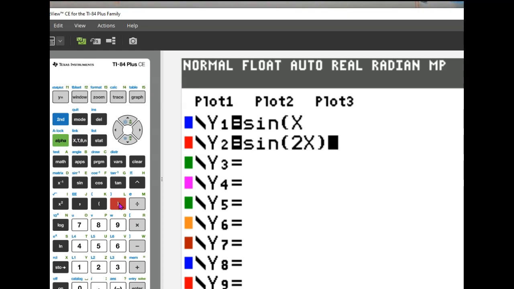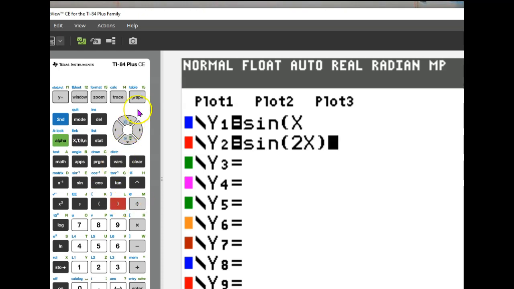The 2 is in parentheses. What happens when things are in parentheses with x? Same math or opposite math? Opposite math. So instead of being 2 times x, it should be opposite. It should be half. And what does that mean? That means there's more bounces because the period is half as big.